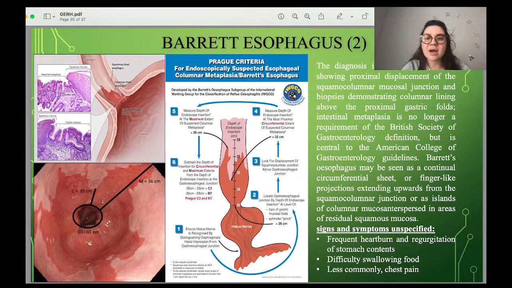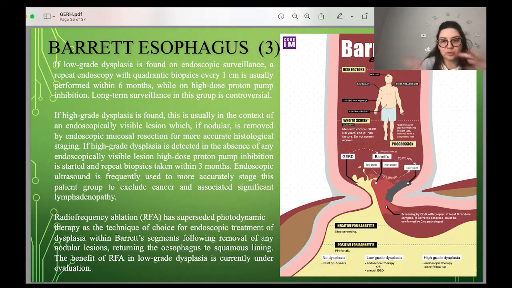Signs and symptoms are nonspecific. They are frequent heartburn and regurgitation of stomach contents, difficulty swallowing food, less commonly chest pain. It is typical for esophagitis, but we understand that it can result in Barrett esophagus.